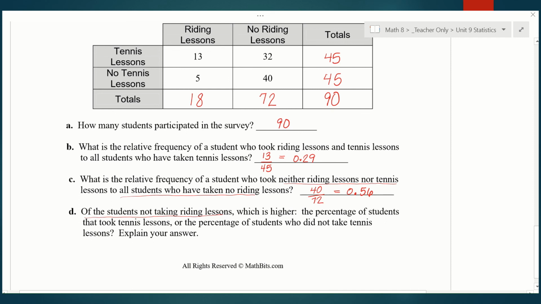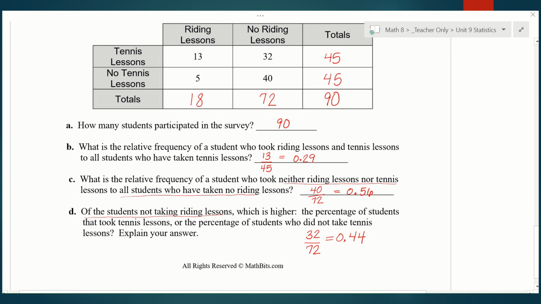Looking at that first part, how many of the kids who do not take riding lessons take tennis lessons? That would be 32 out of our total number of people who don't take riding lessons, which is 72. So that's our first relative frequency.